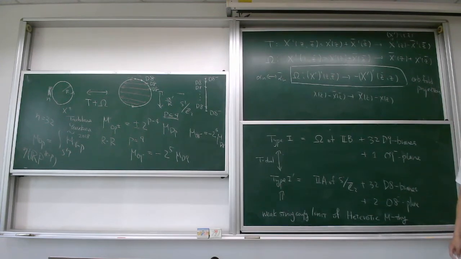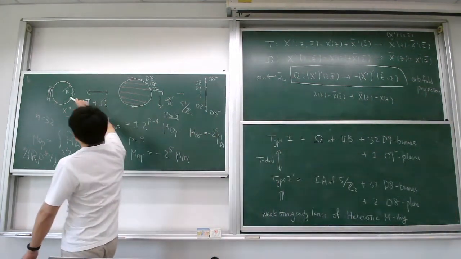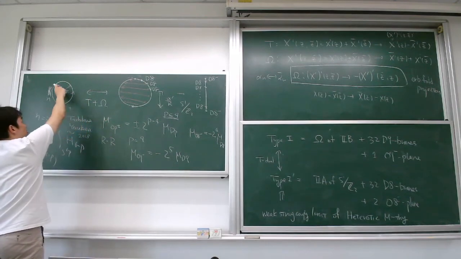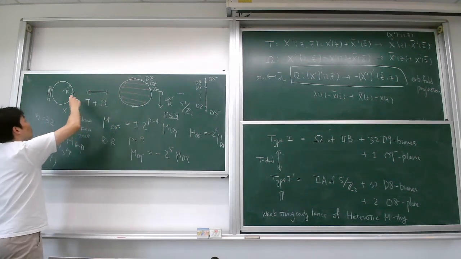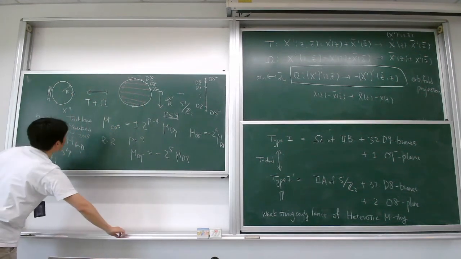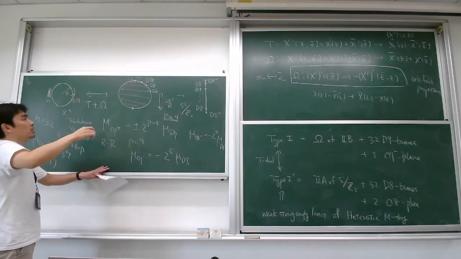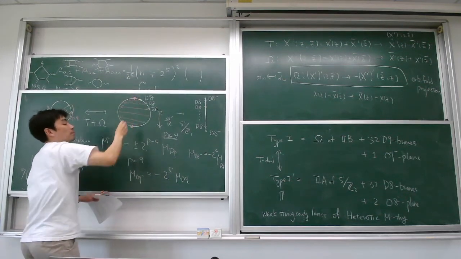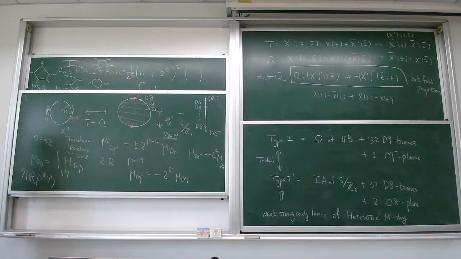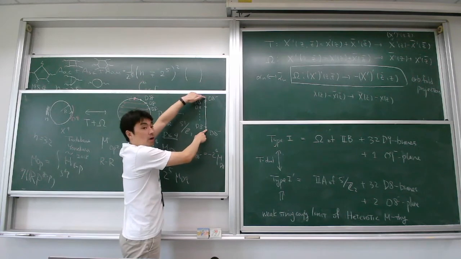As you can easily see, the D9 brane after T-duality becomes D8. Of course the O9 plane, there's one O9 plane, after T-duality splits into two of them, and that will give you the end of the orientifold projection.